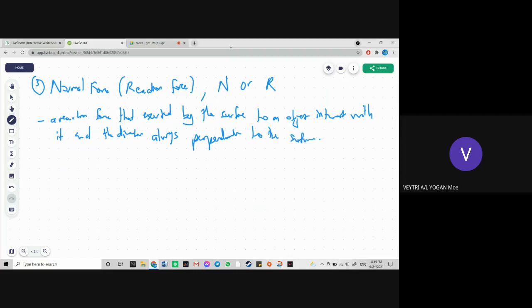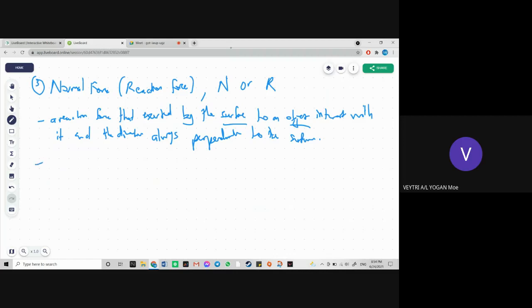Okay, let me just repeat. Normal force is a reaction force that is exerted by the surface to an object, which interacts with it, and it is always perpendicular to the surface. Okay, don't worry about this long definition. I'll get back to you very soon on what they actually mean over here, okay?